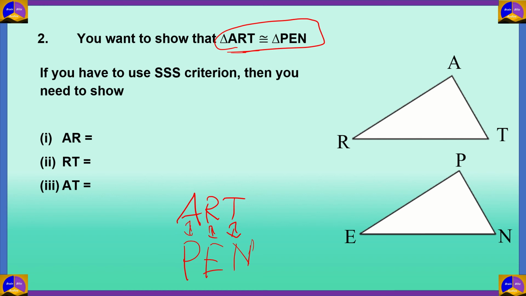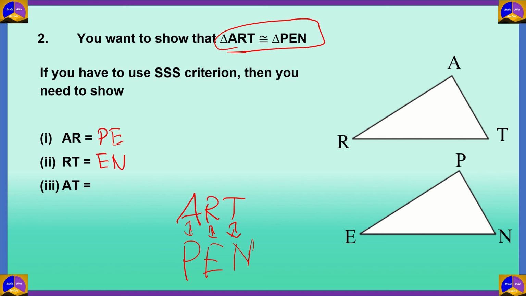To find this, you have to split it into two parts, A and R. A is corresponding to P and R is corresponding to E. So AR is equal to PE. Next is RT. Now R is equal to E and T is equal to N.